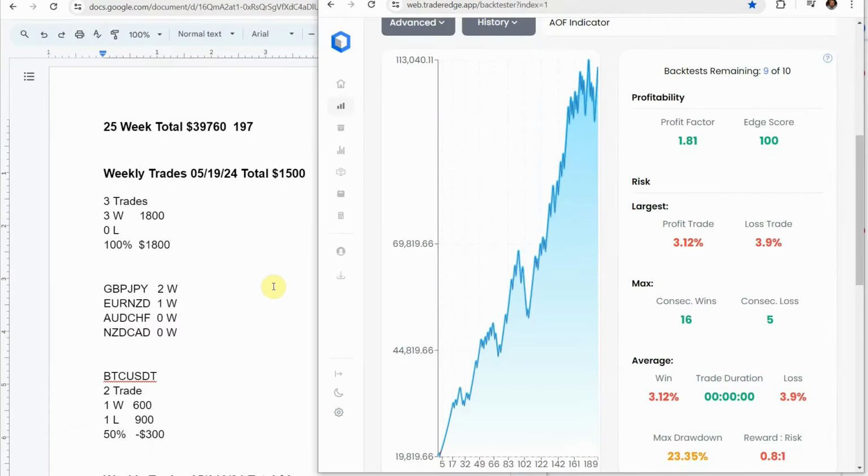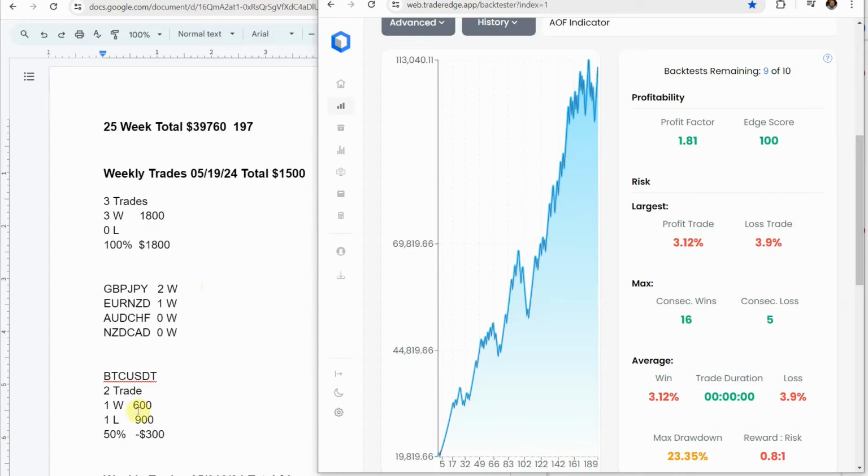Alright, let's go ahead and go over the weekly signal. So this is using the Academy of Forex Indicator on these 4 Forex pairs and this one crypto coin. This is on the 30-minute time frame. Each week we are keeping track of the trades the Academy of Forex Indicator signaled. And so this last week on the Forex pairs, we did 3 trades altogether, 3 winning trades, a 100% win rate. Would have been a gain of $1,800.